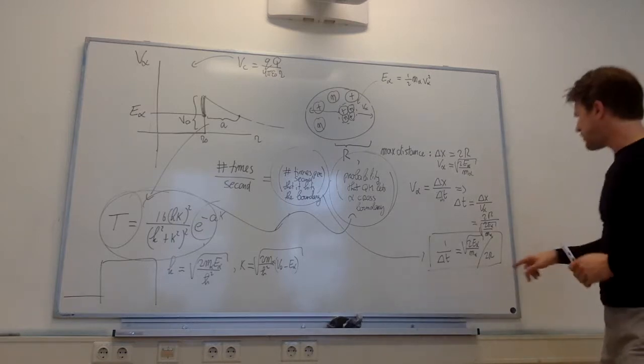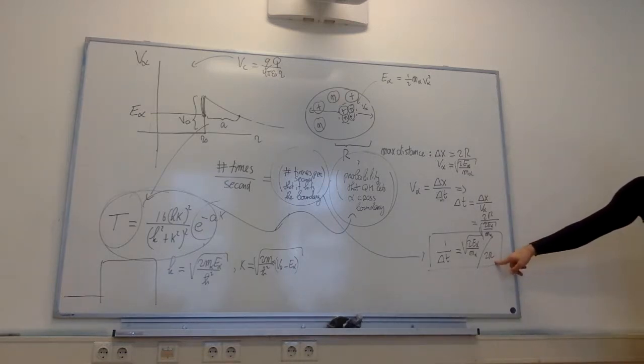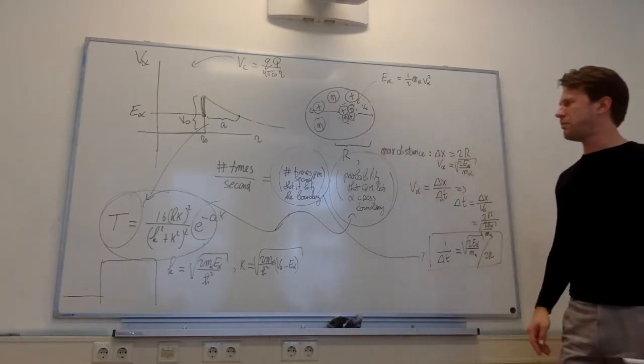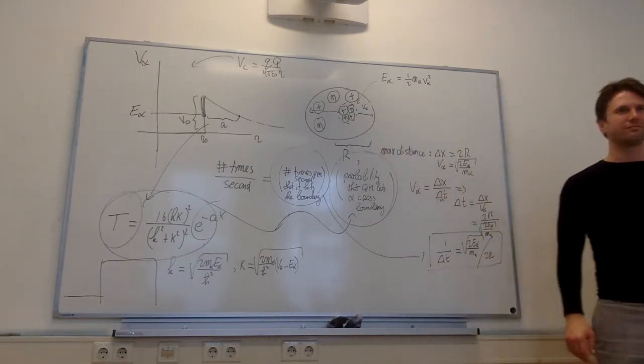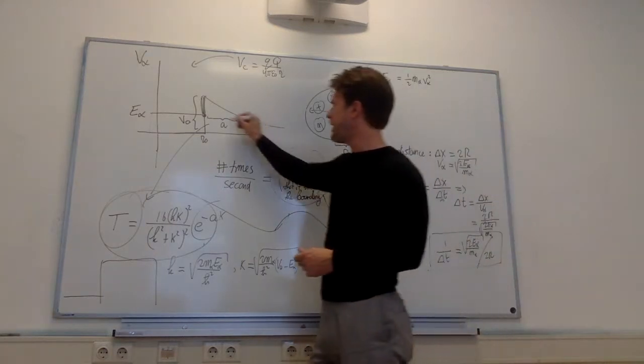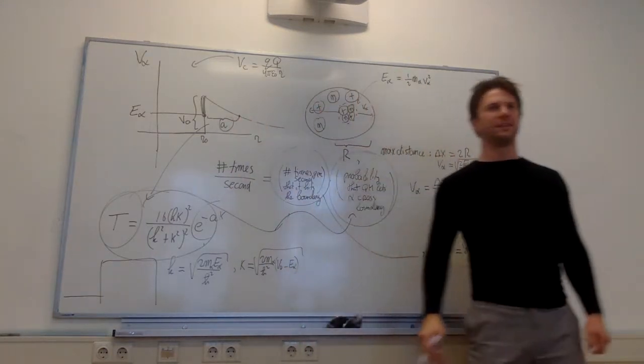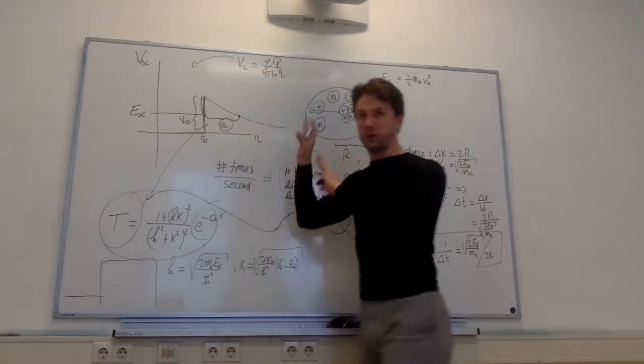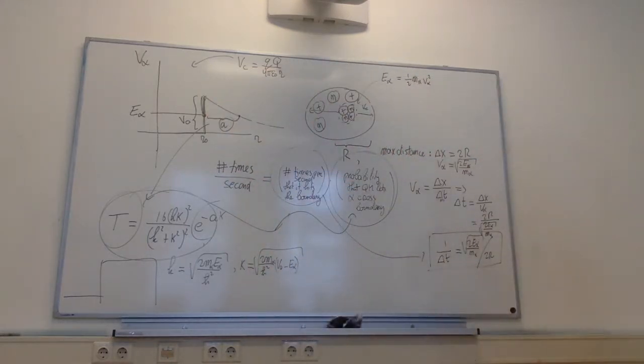One more comment. Where do I get this number from? R, the size of the nucleus. Where do we get that from? And where do we get the width, called A, from? Where do I get the height of the barrier from? It's on the board. It's the K and the A in the exponential factor.